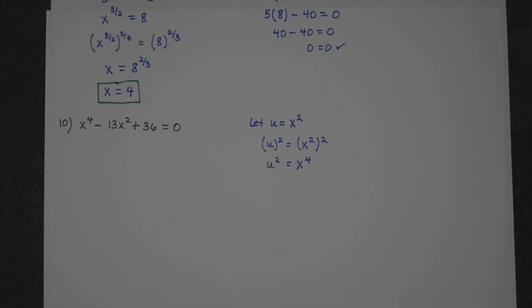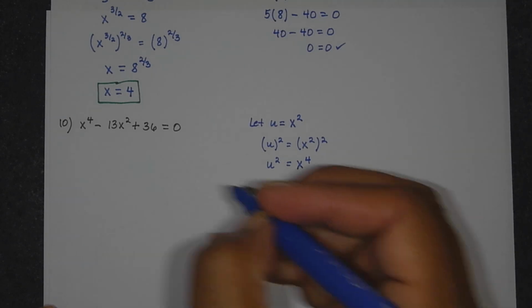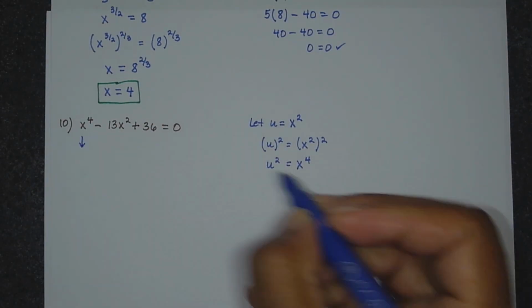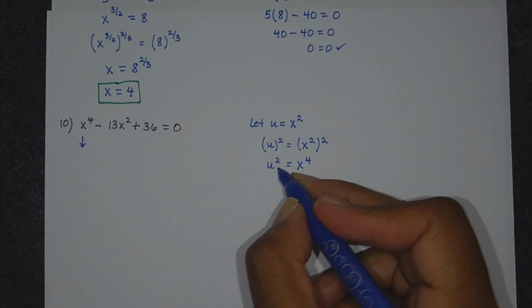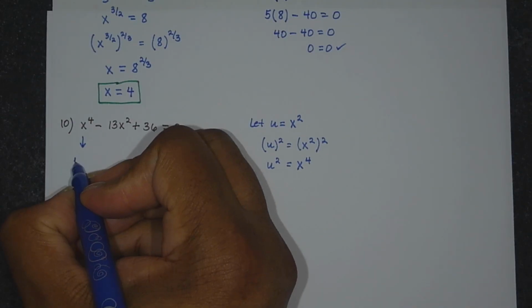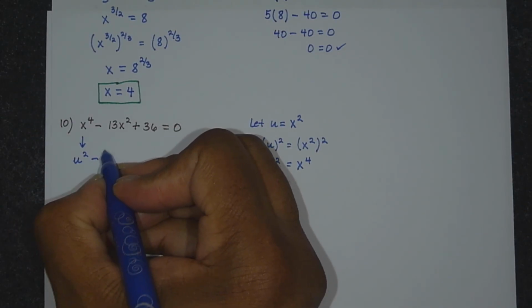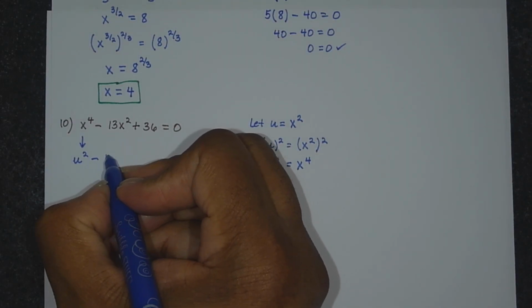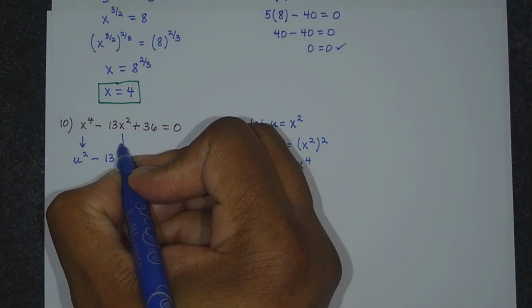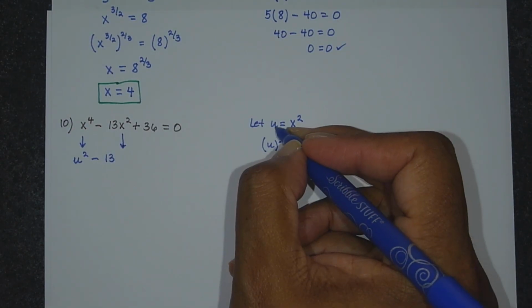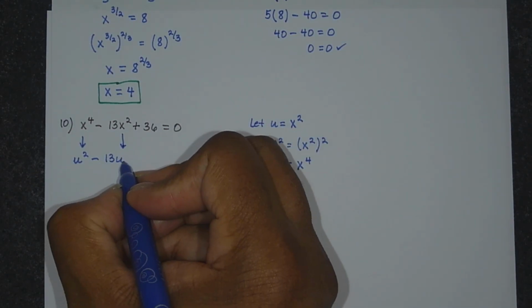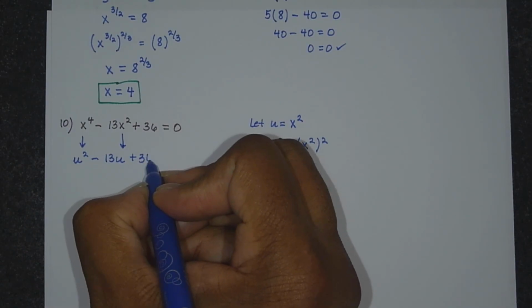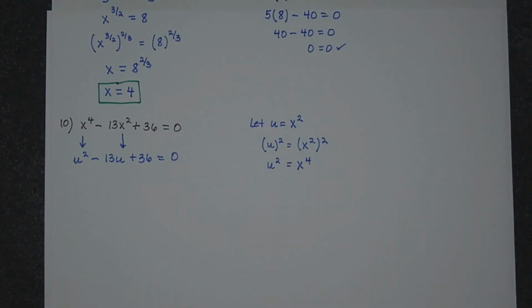So this is where I'm going to use the u substitution here. This x to the 4th is going to be equal to u squared. So I'm going to replace x to the 4th with u squared minus, bring down the 13, replace the x squared with u. So it'll be minus 13u and then plus 36 equal to 0.